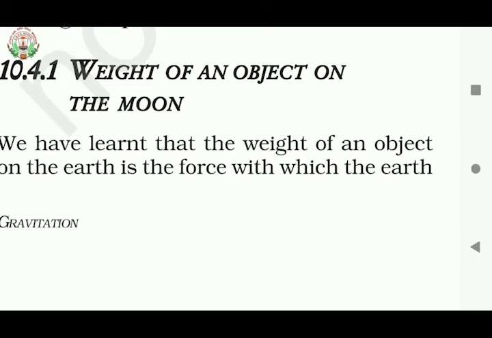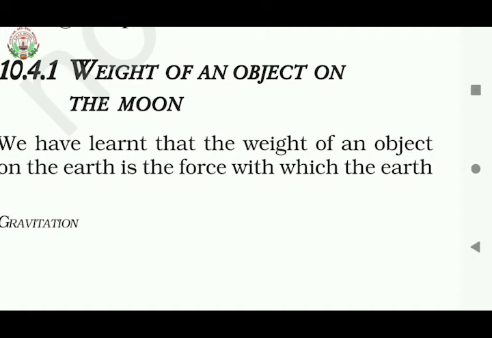Weight of an object on the moon. Just as the weight of an object on the earth is the force with which the earth attracts the object, in the same way, the weight of an object on the moon is the force with which the moon attracts the object. So what is the weight of an object on the moon?